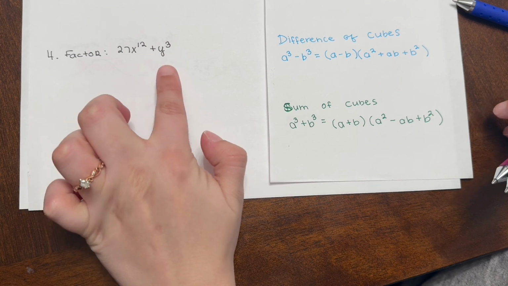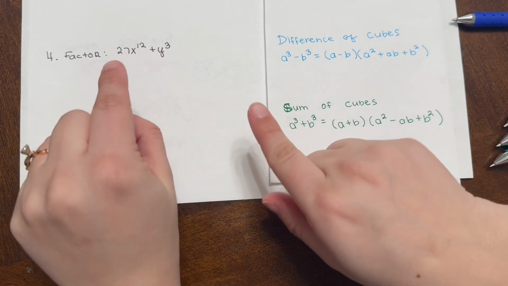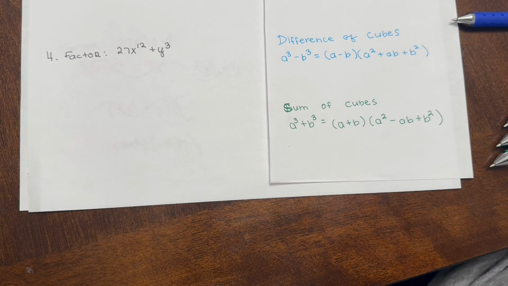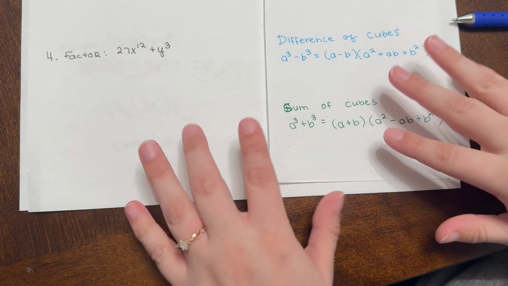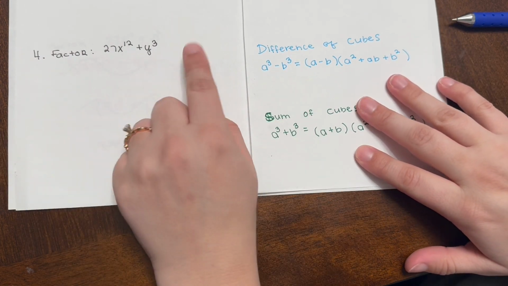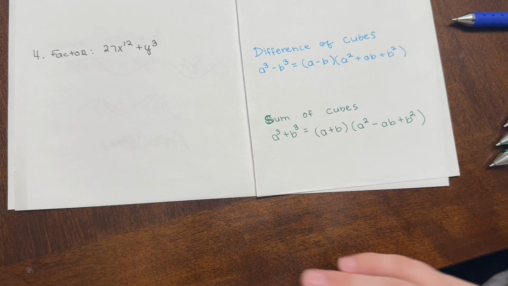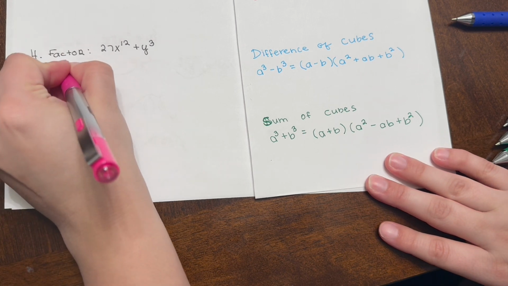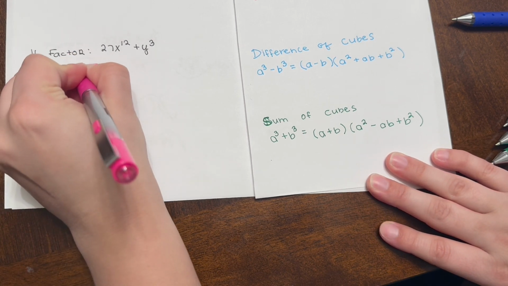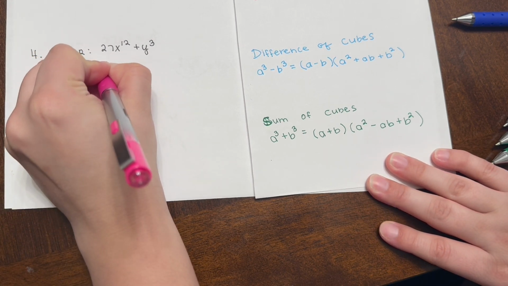So we have two terms, okay? We got to figure out, are they squares or are they cubes? So we have an odd exponent, so it's definitely not going to be difference of squares because we can't divide that by 2 and take the square root. So let's try to take the cube root of both. So we're going to take the cube root of 27x to the 12th.